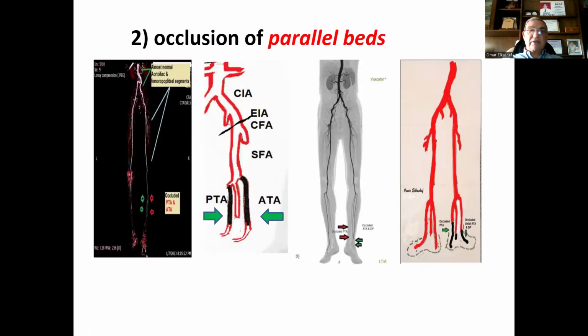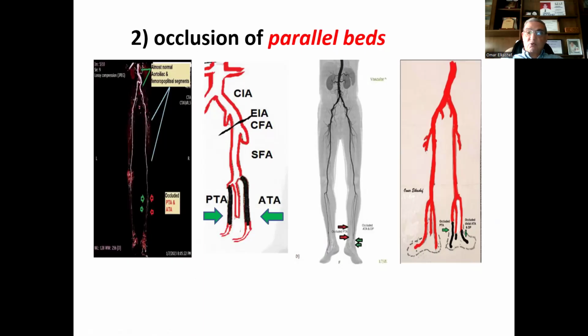The second mechanism is occlusion of parallel beds. As we see in the film to the left, there is occlusion of the posterior tibial artery together with occlusion of the anterior tibial artery. Both arteries which can supply the foot are occluded, and so critical ischemia is produced.